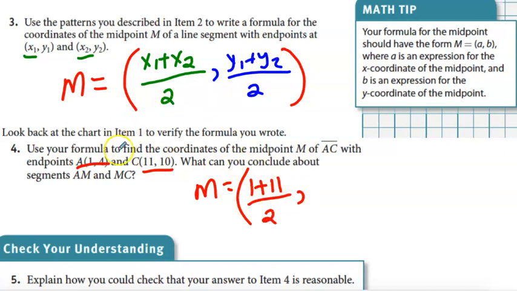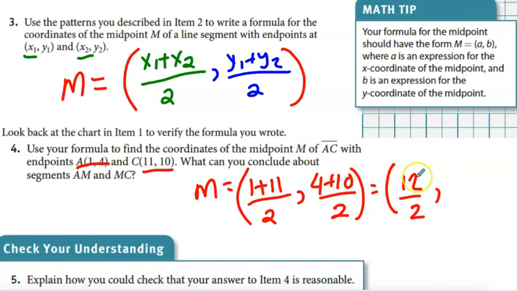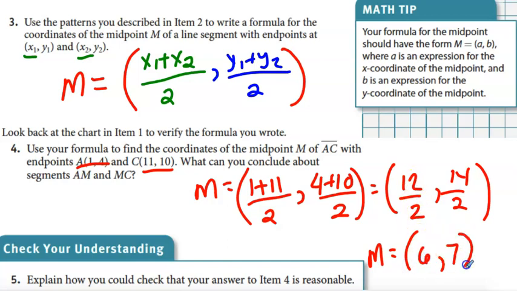Now I'm going to add my y's, so 4 plus 10, divide that by 2. So now I'm just going to simplify. 11 plus 1 is 12. So if I wanted to go ahead and write 12 divided by 2, I could. 4 plus 10 is 14, divided by 2. I can simplify that once more, so that my midpoint is going to be 6, 7.